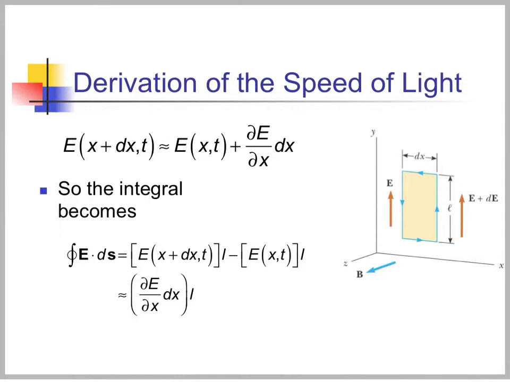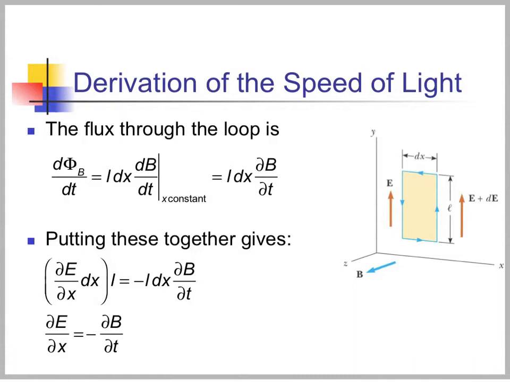The flux through the loop is given by the length times the width, so that's the area, L dx, and B is the magnetic field through it. So I take the derivative, L and dx are constant in time, so it's just dB/dt. So d flux/dt is L dx dB/dt.